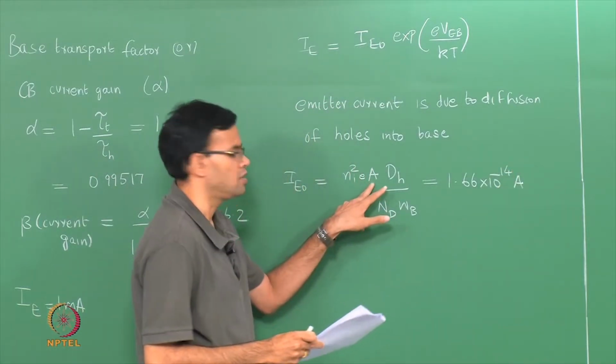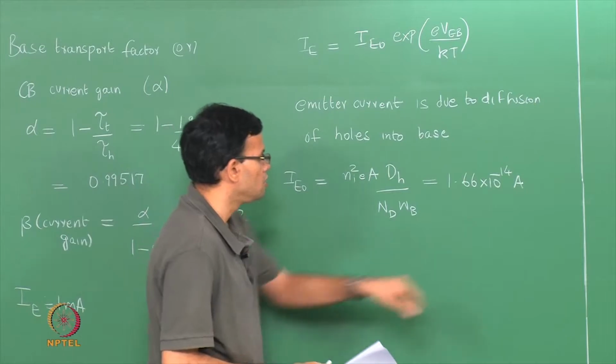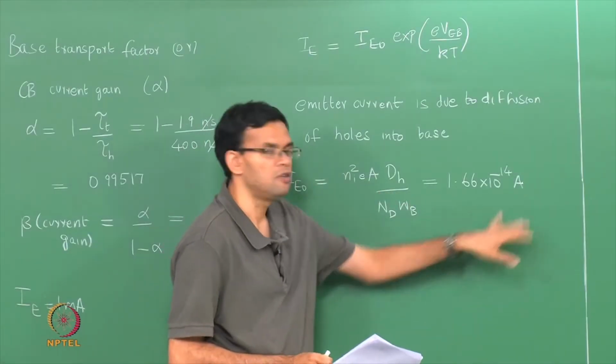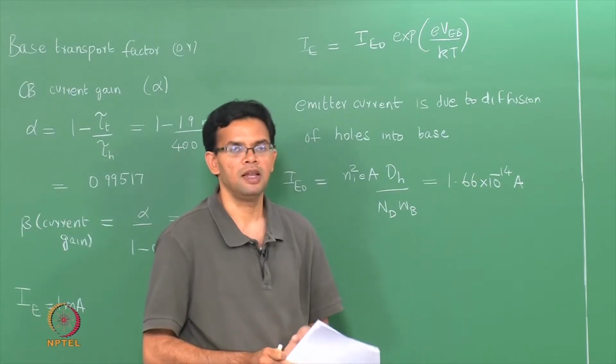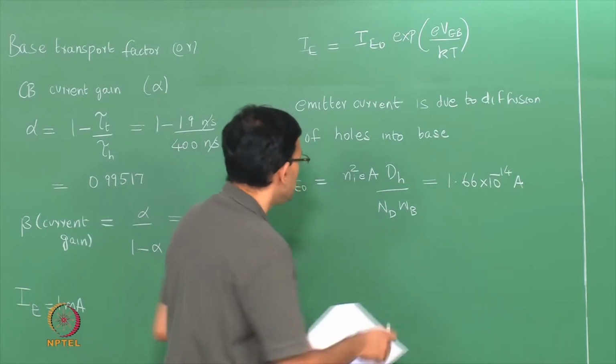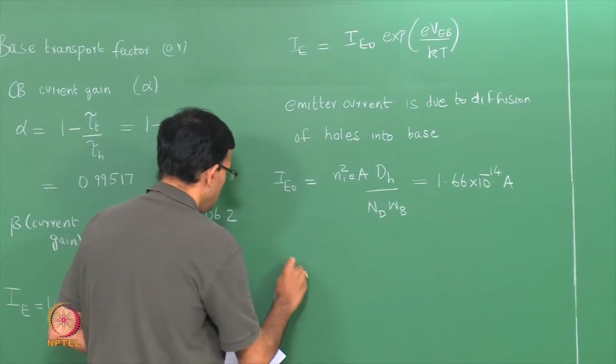So, we have the cross sectional area A here, so that the final answer is in amperes. If we did not have A, this will be a current density, so typically amperes per centimeter square or amperes per meter square. So, IE is known.